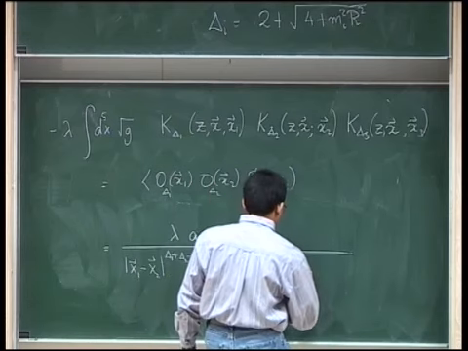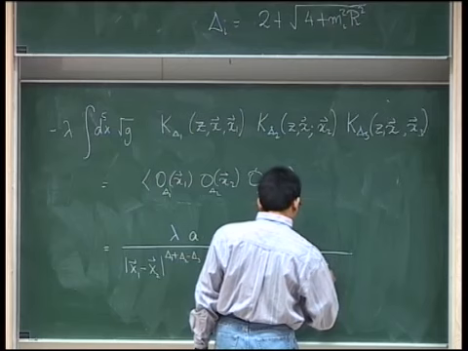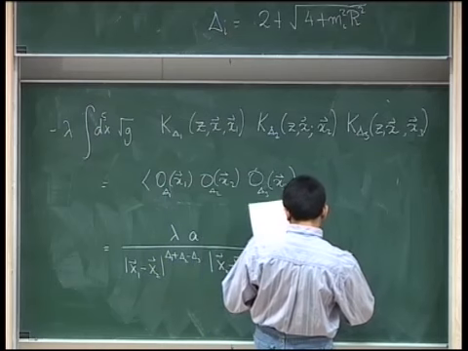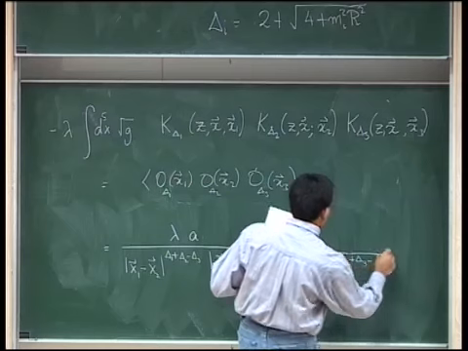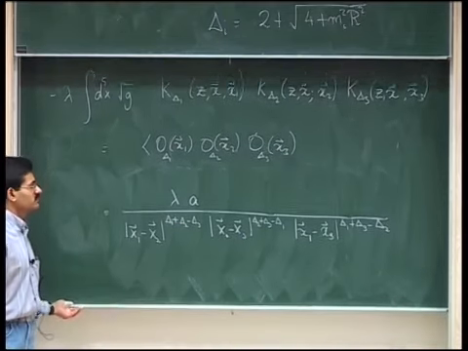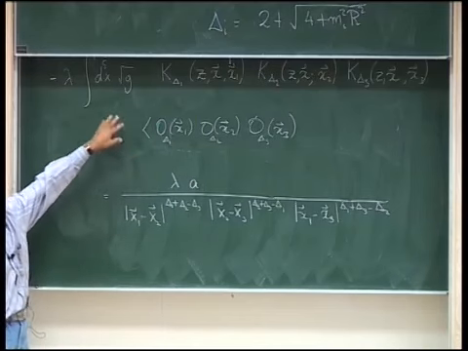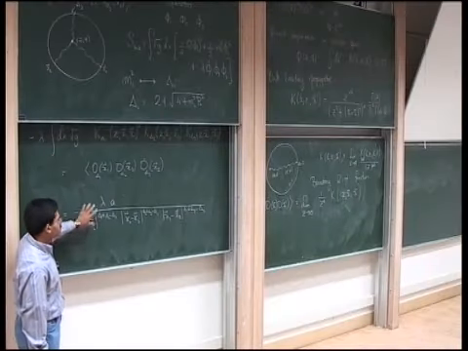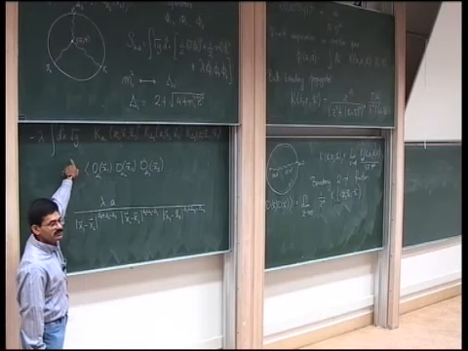And by conformal invariance, we know the position dependence, but it's reassuring to check that the very same position dependence on the insertion points works out precisely from doing this bulk integral. Where I've used A to denote a function of delta 1, delta 2, and delta 3, and some constants which come from doing the integral. What I've written here is just the dependence on x1, x2, and x3 obtained by doing that integral up there.